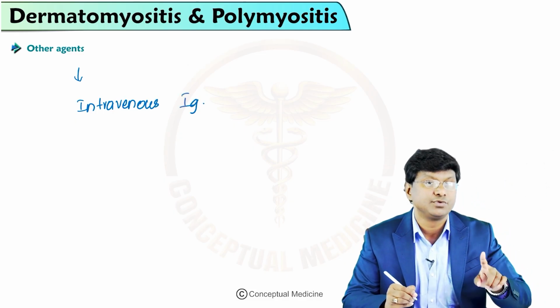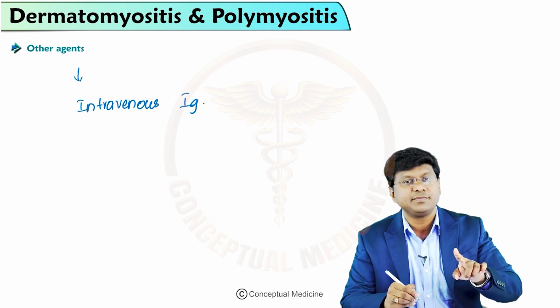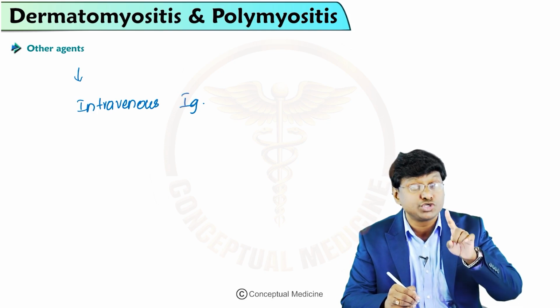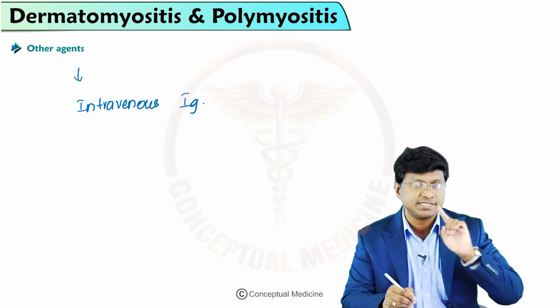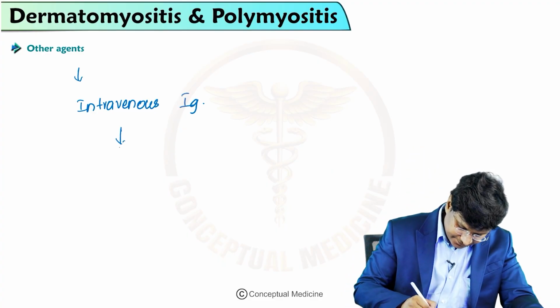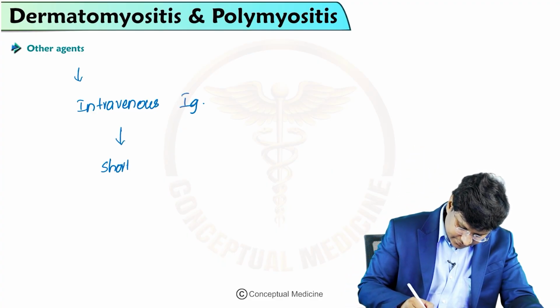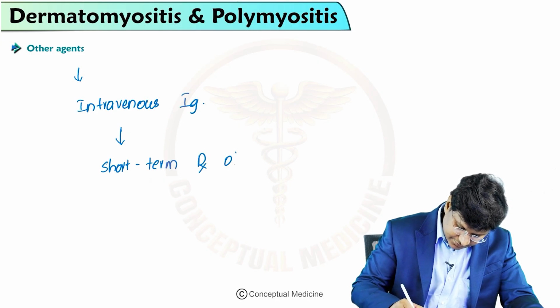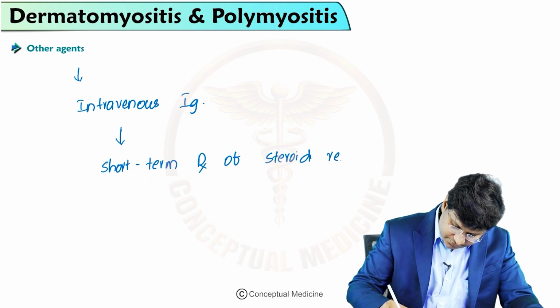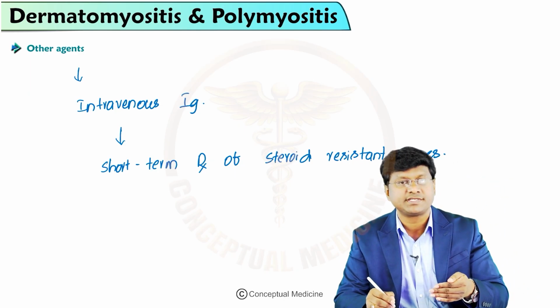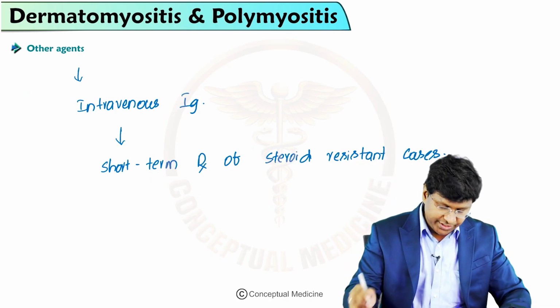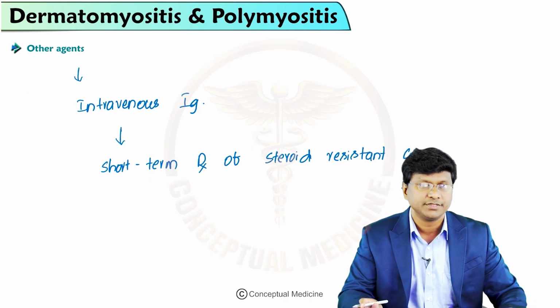right? Intravenous immunoglobulins. These intravenous immunoglobulins have been used for the short-term treatment of steroid-resistant cases of polymyositis, you need to give this intravenous immunoglobulin, right?